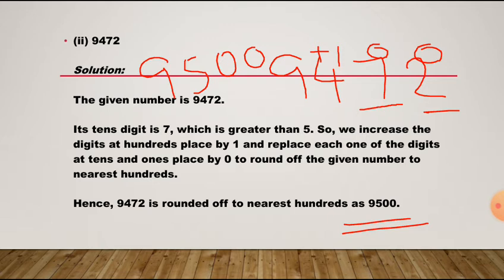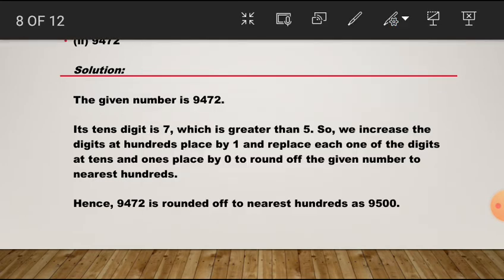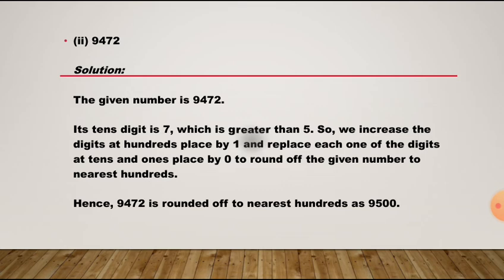Okay, and if the digit in tens place is greater than 5 or equal to 5, then you change tens and ones place by 0 and at the same time you add 1 to the hundreds place. Okay, that will be your answer. Got it children?